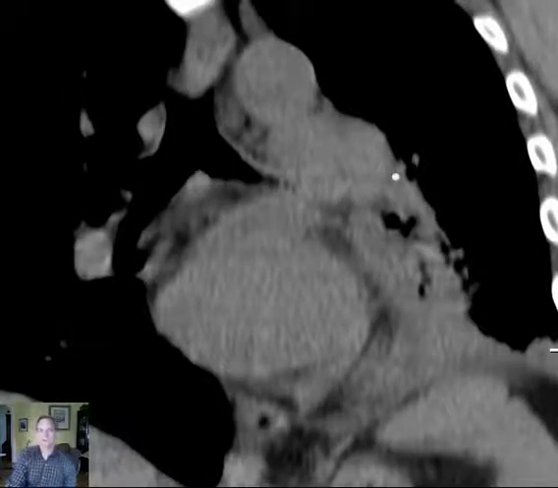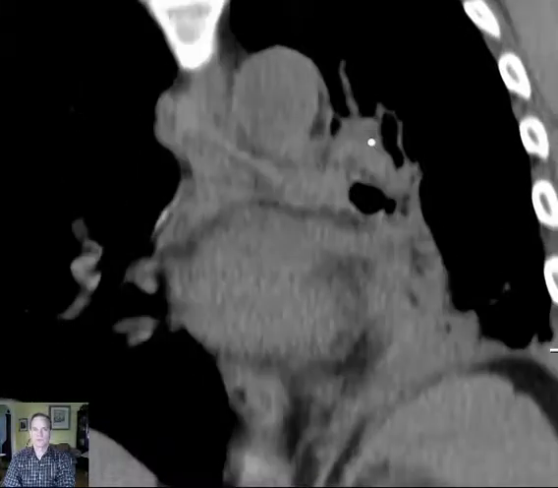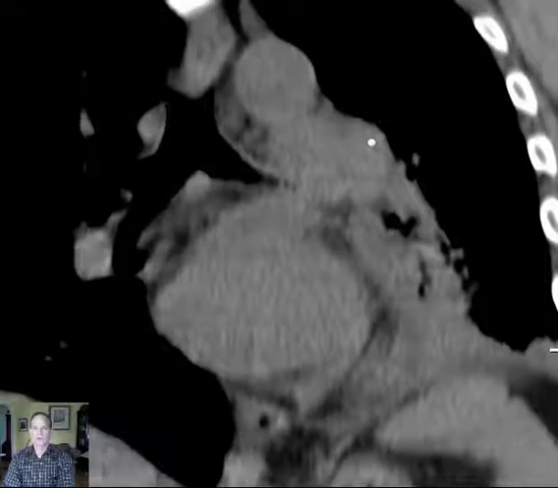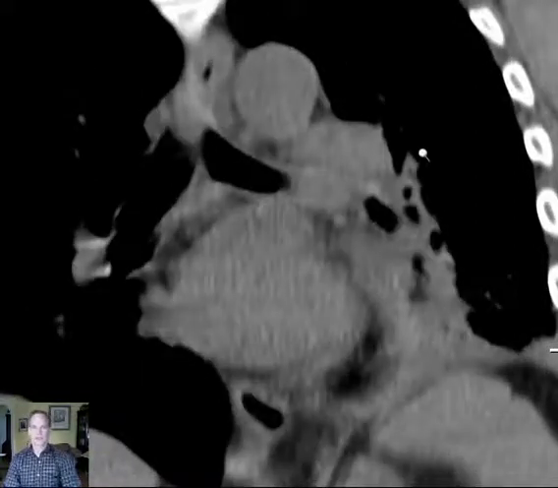What's narrowing it? There's a mass right here. There's a soft tissue mass, and we can see it's immediately inferior to the aortic arch. You know that on a chest radiograph, this is the region of the aorticopulmonary window, the AP window, that little notch.